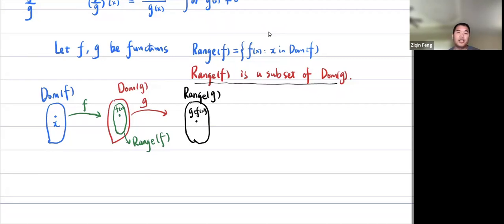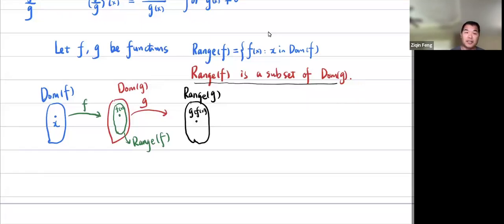So this is called the composition of these two functions, f and g. The requirement is that the range of f has to be a subset of the domain of g, otherwise this function is undefined.